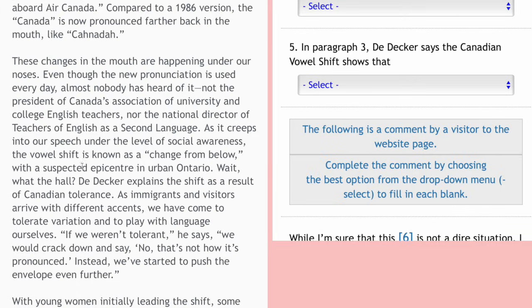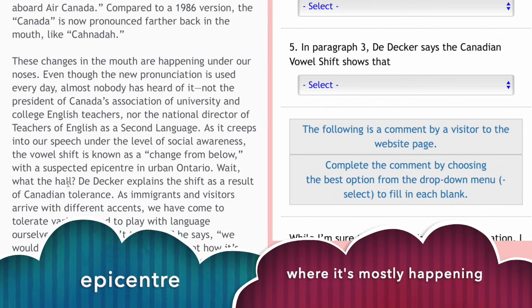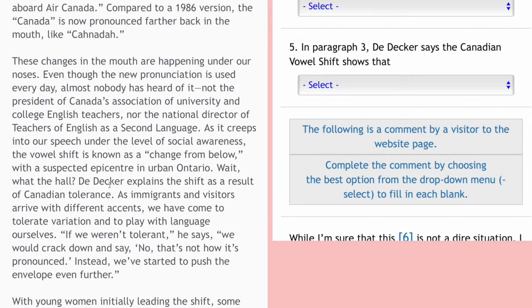The vowel shift is known as a change from below, with a suspected epicenter in urban Ontario. So this is like where it's mostly happening. The Decker explains the shift as a result of Canadian tolerance.